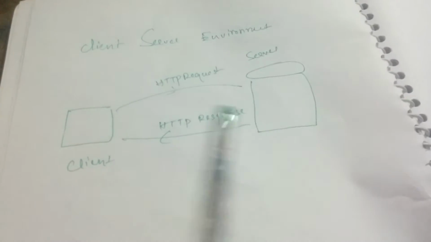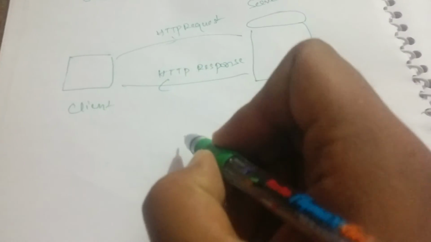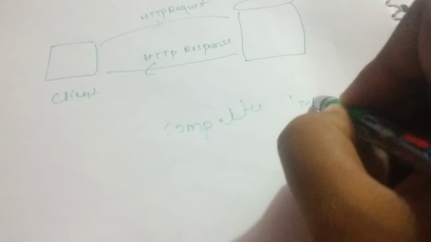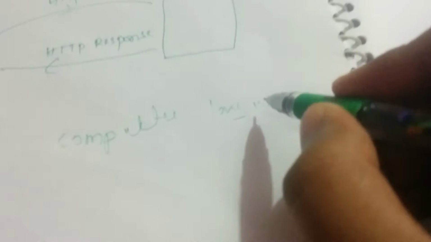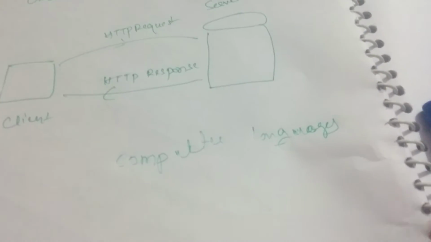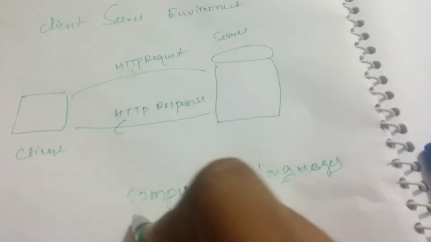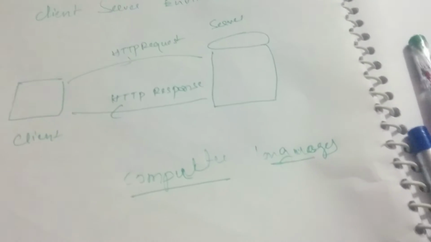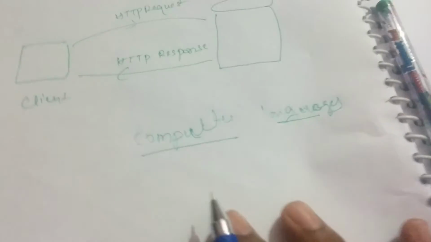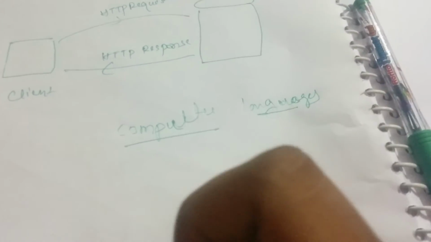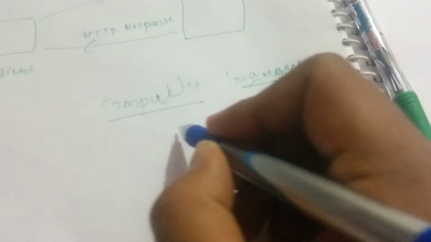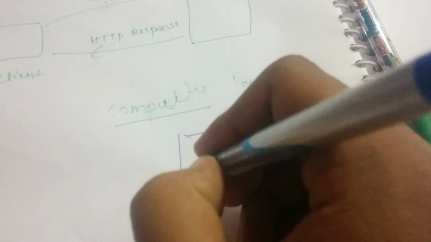Next, computer languages. What is a computer language? A computer language is nothing but a language that is used to communicate with the computer. Let's take this example.